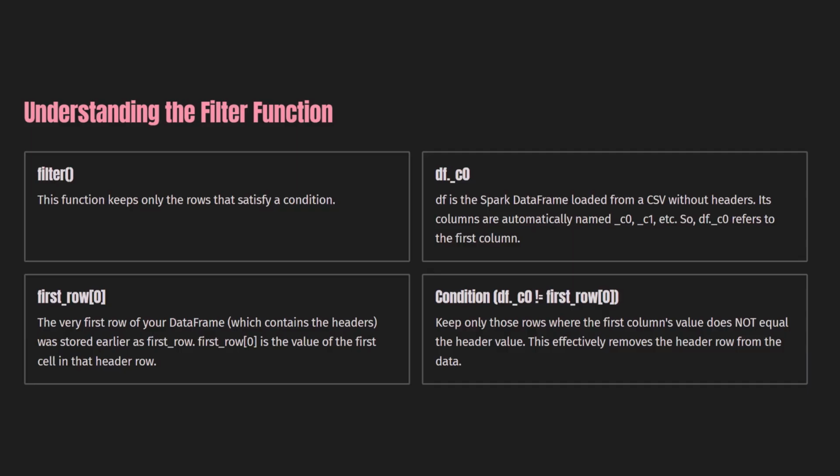So first_row[0] is the value of the first cell in that header row. The condition keeps only those rows where the first column's value does not equal the header's value. This efficiently removes the header row from the data.